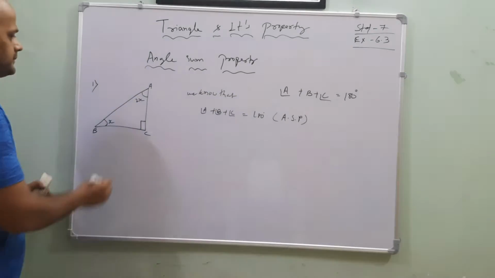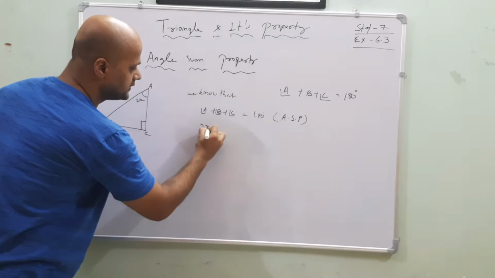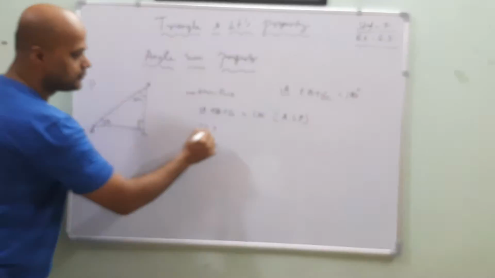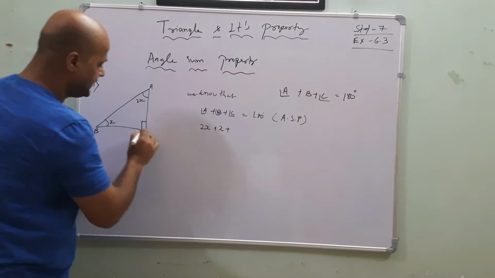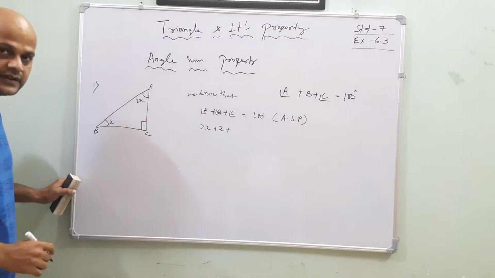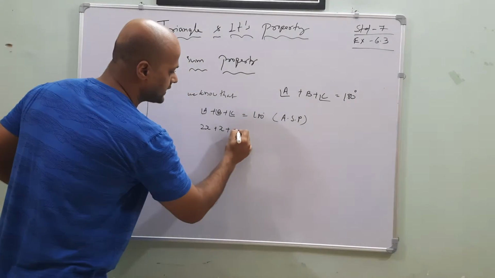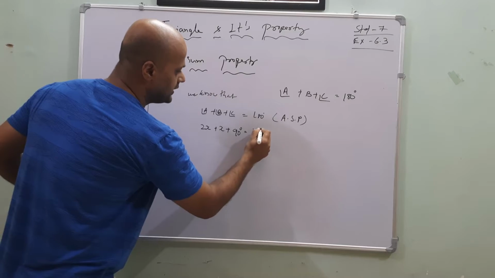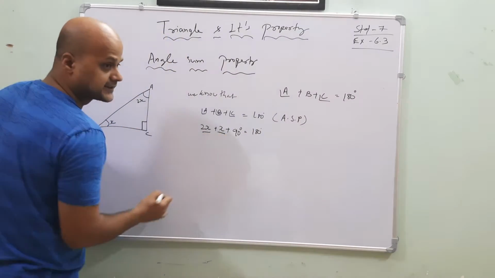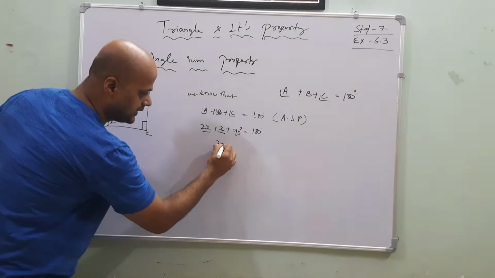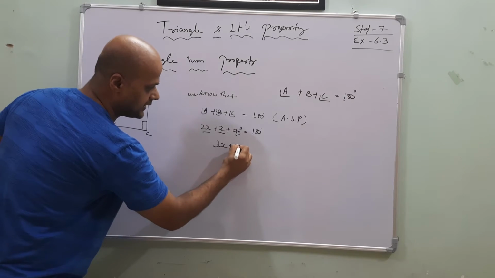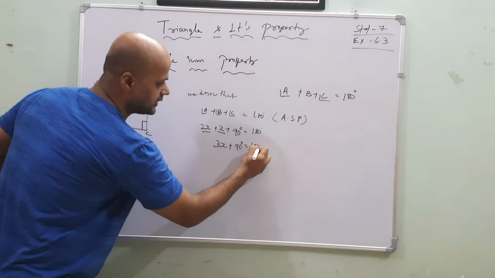Angle A is 2x, plus angle B is x, angle C is 90 degrees, equal to 180 degrees. Now 2x plus x is 3x, plus 90 degrees is equal to 180 degrees.